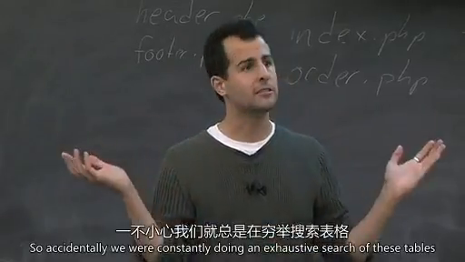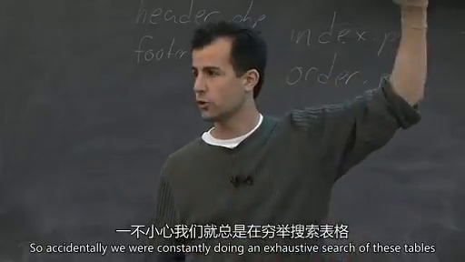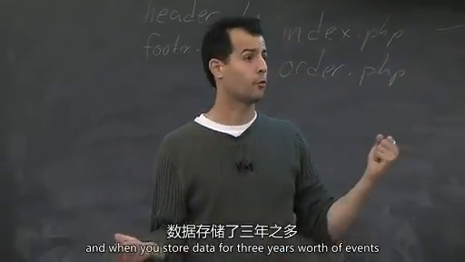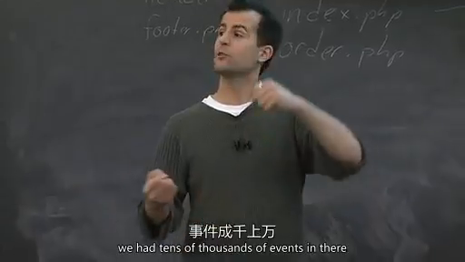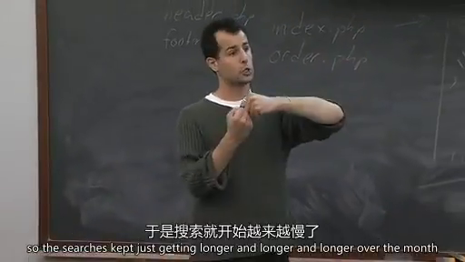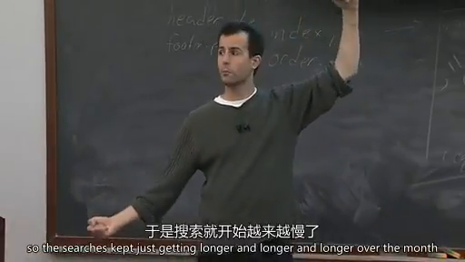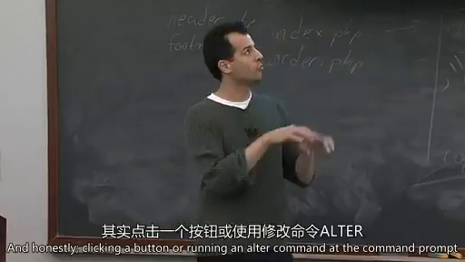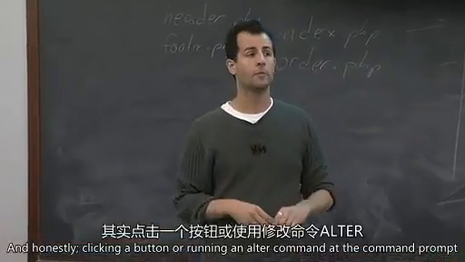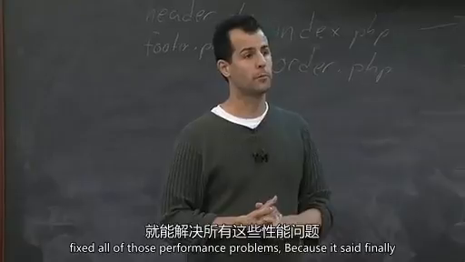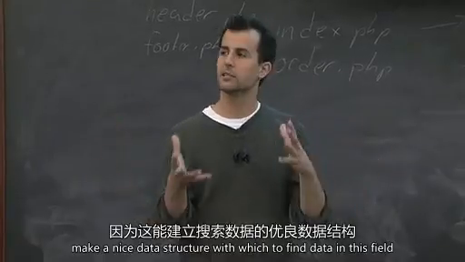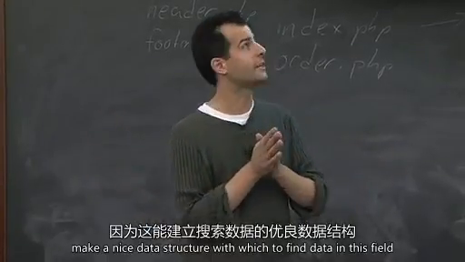So accidentally, we were constantly doing an exhaustive search of these tables. And when you store data for 3 years worth of events, we had tens of thousands of events in there. So these searches just kept getting longer and longer and longer over the months. And honestly, clicking a button or running an alter command at the command prompt fixed all of those performance problems because it said, finally, make a nice data structure with which to find data in this field.